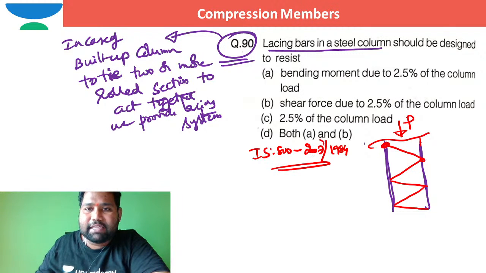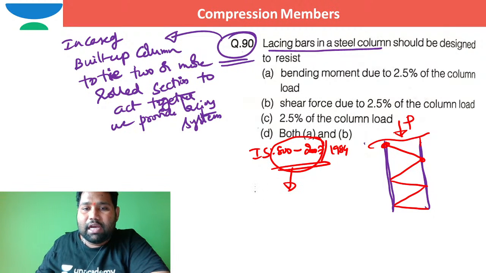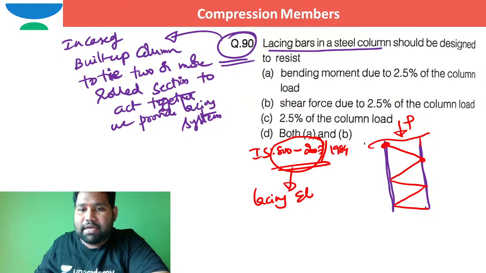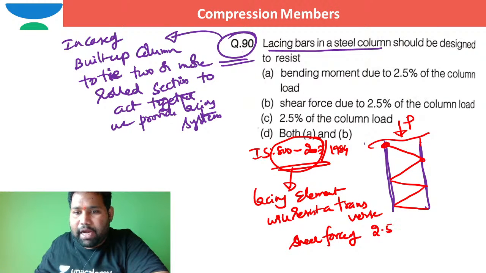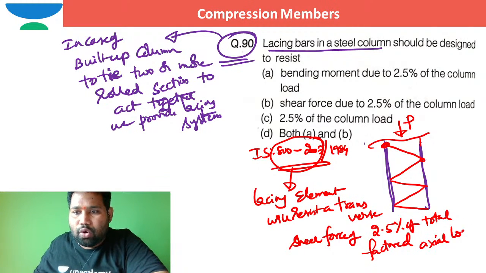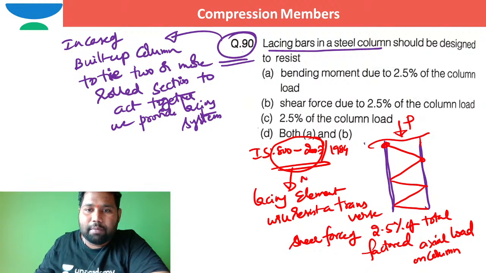As per IS 800:2007, lacing elements will resist a transverse shear force of 2.5 percent of the total factored axial load on the column. This is as per the new code of practice.